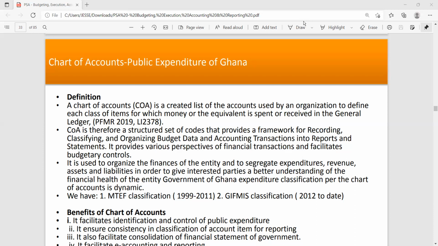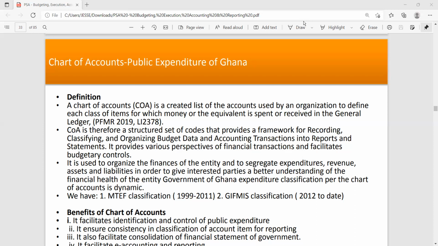So this structured set of codes gives the opportunity to transform accounting data into reports and statements. It also provides various perspectives of financial transactions and facilitates budgetary controls, right? That's what the chart of accounts does.